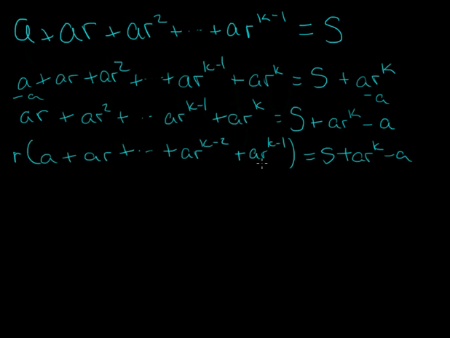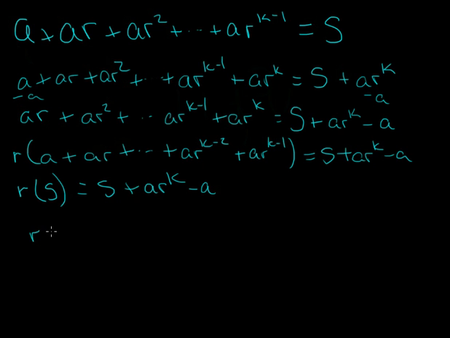Well, if we look at this, this is our sum. You notice these are the same value, so we can rewrite this. r times S equals S plus ar to the k minus a. So now we can subtract S from both sides.